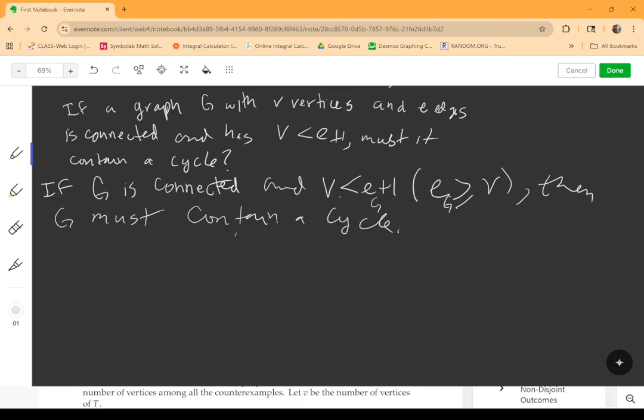Okay, so let's start with the proof. These are our assumptions. By assumption, G is connected.